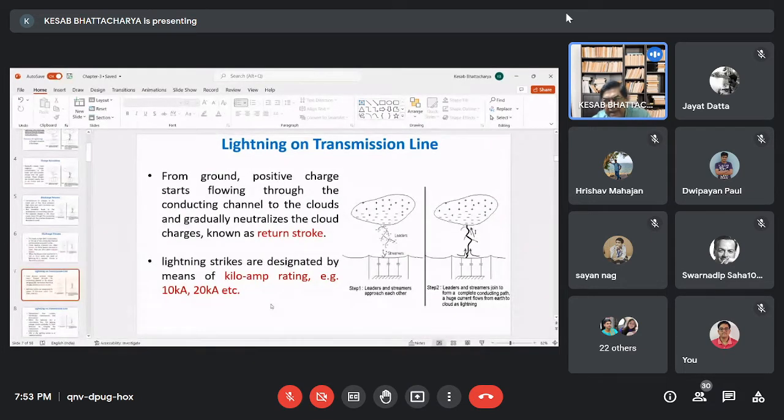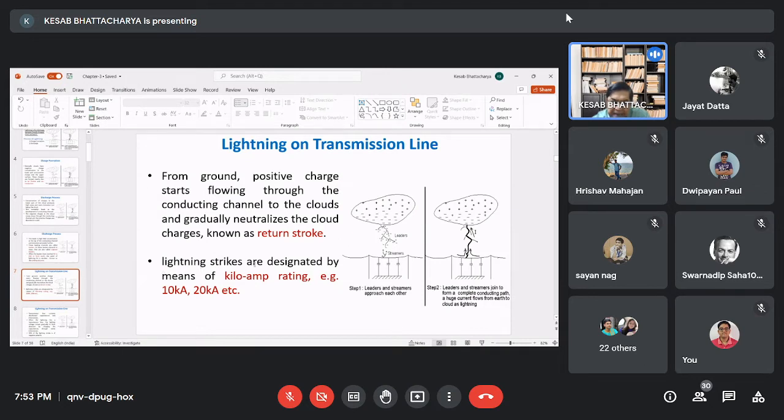After the lightning hits any one of the earth objects, positive charges from earth start flowing through the same conducting channel and neutralize the negative charges in the upper atmosphere or in the cloud, and thereby prevent the lightning from continuing. Now, the flow of positive charges through the same conducting channel from earth to cloud is called return stroke.